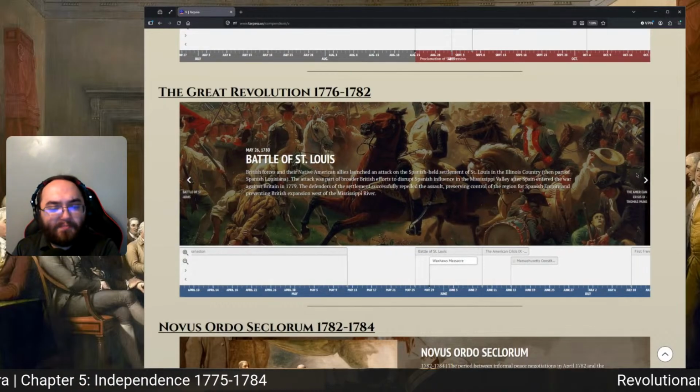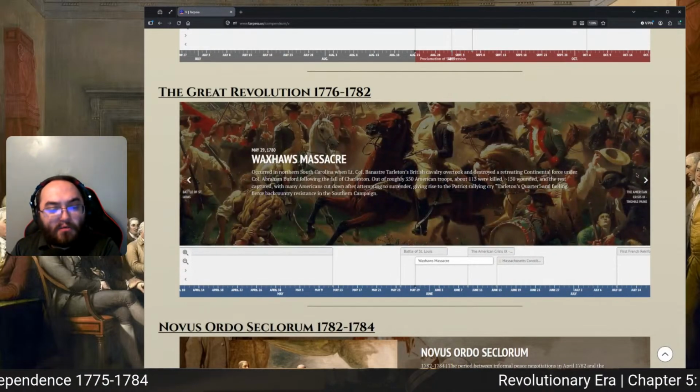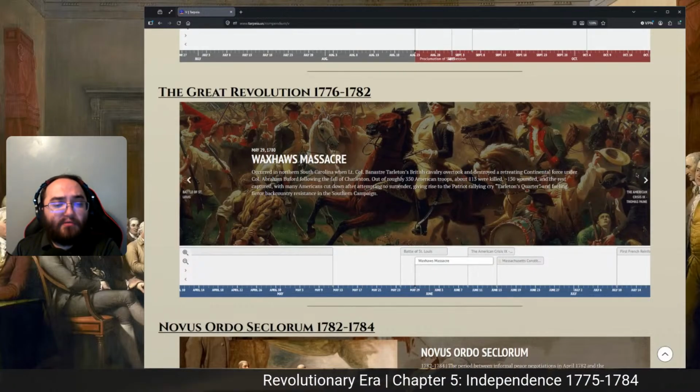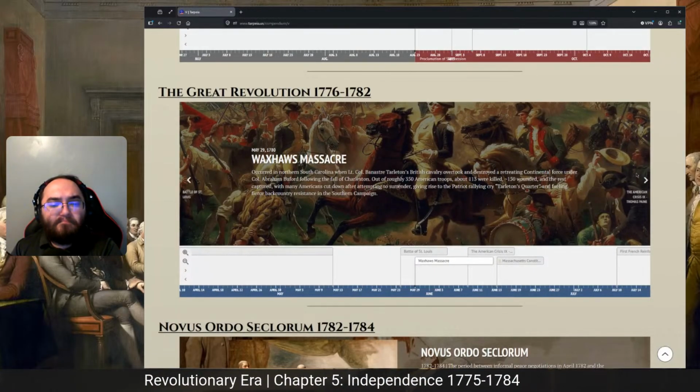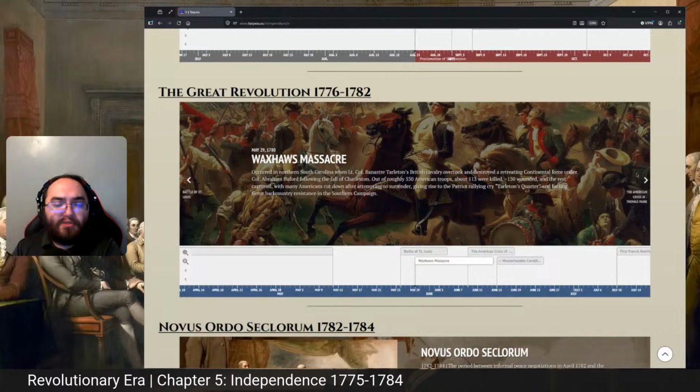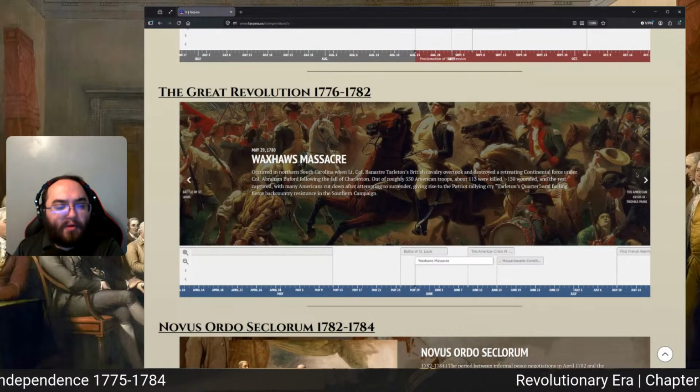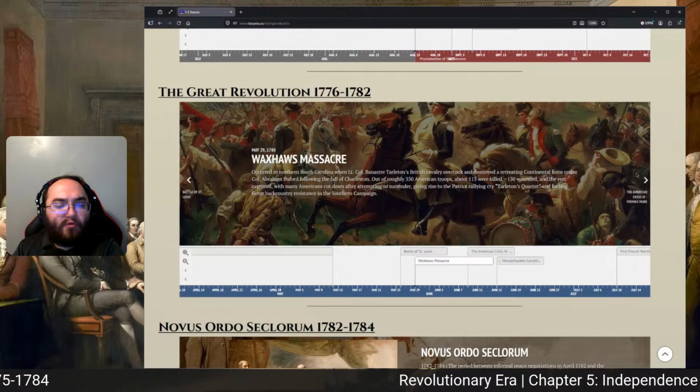The Waxhaws Massacre occurred in northern South Carolina, where British cavalry overtook and destroyed a retreating Continental force under Colonel Abraham Buford, following the fall of Charleston.